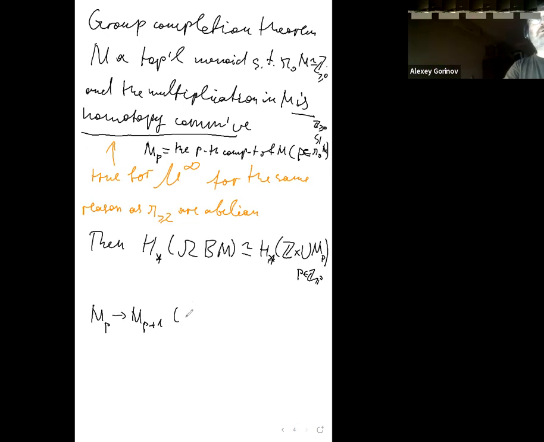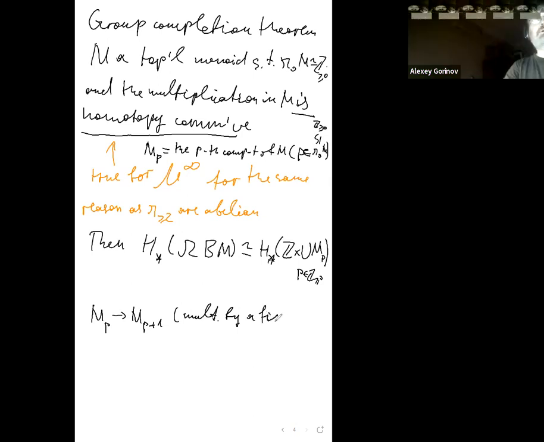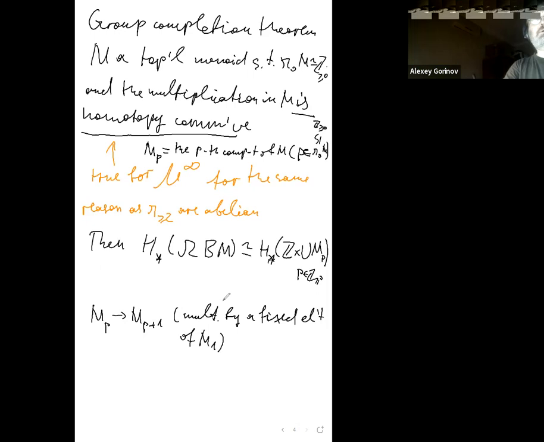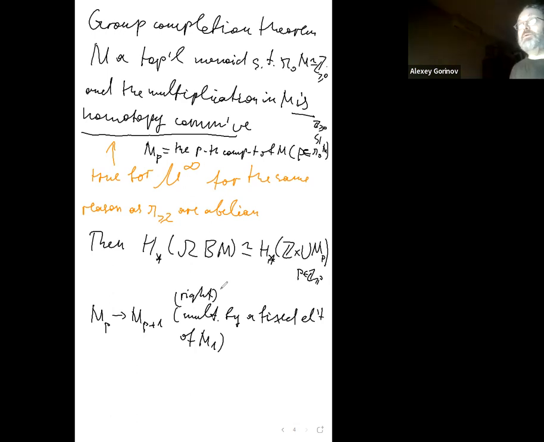We take the union with respect to multiplication by a fixed element of M1. Let's say right multiplication, although left would do.